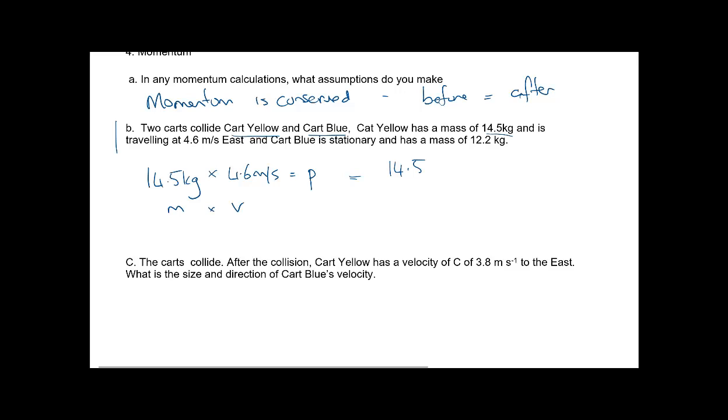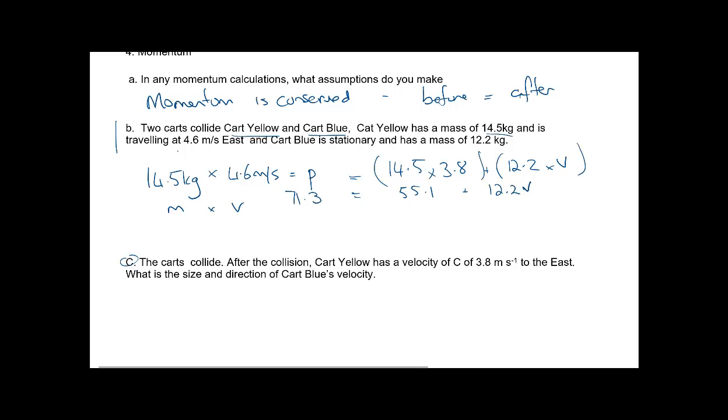So after the collision, the yellow cart has a velocity of 3.8, so that's times 3.8, plus it's got to equal the second cart, 12.2 times whatever velocity that's travelling at. So once you've set that up, it's just a matter of solving it.